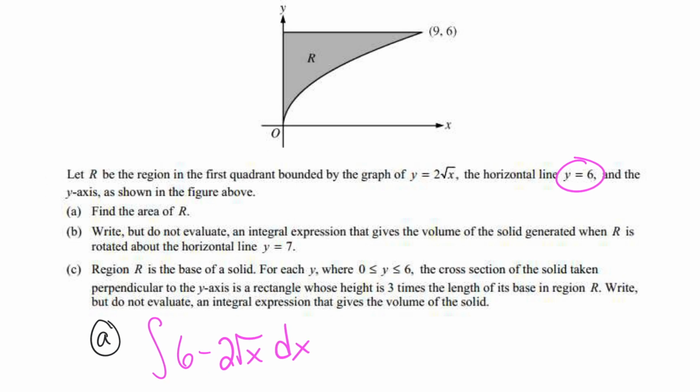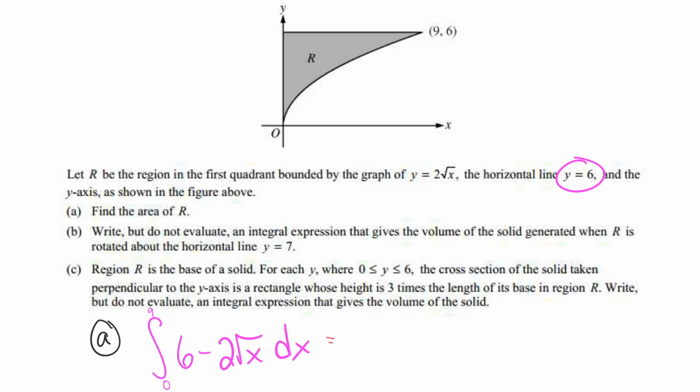Our boundaries are going to be the x values from 0 to 9, and this is not a calculator problem, so we actually have to do this by hand. The reason I know it's not a calculator problem is because A, I'm telling you, and B, it said at the top of the page it's question number 4.